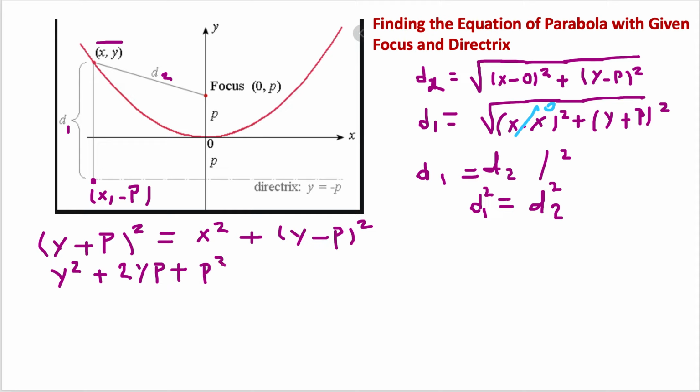With the left side done, I go to the right side: x squared plus, by the algebraic formula, y minus p squared is y squared minus 2yp plus p squared.